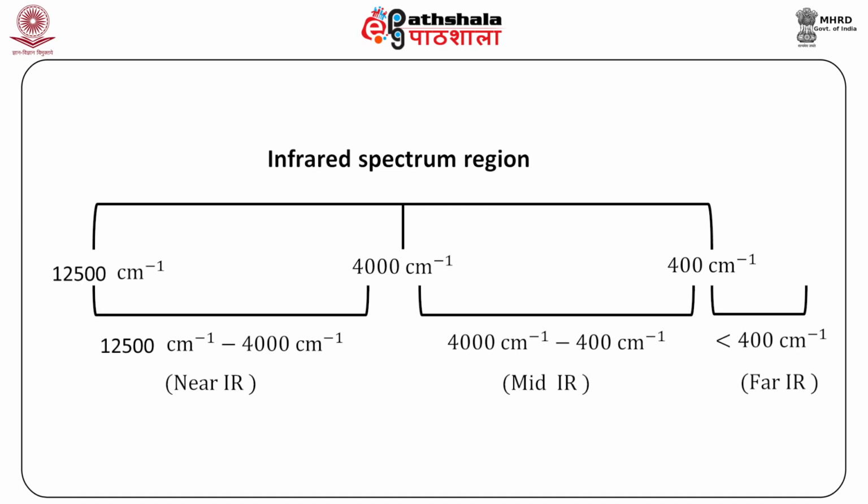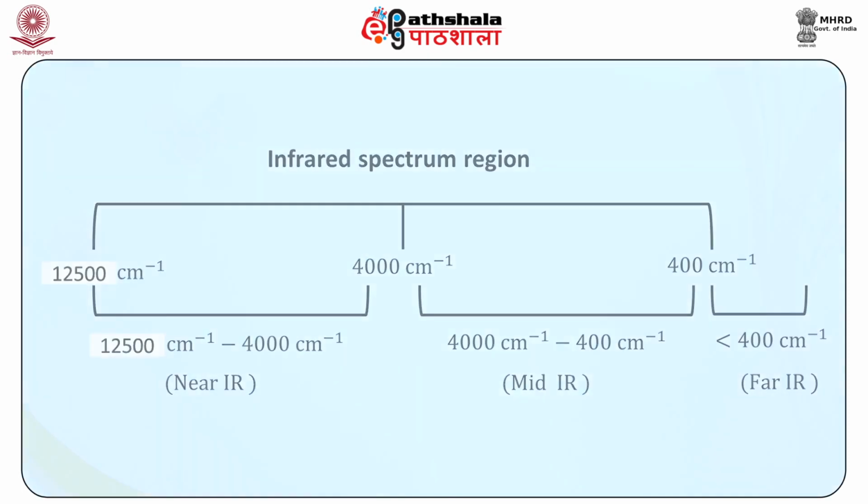Now students, the mid IR region is of greatest practical use to an organic chemist, but the near and far infrared regions also provide suitable information about many compounds which can be useful in their detection.